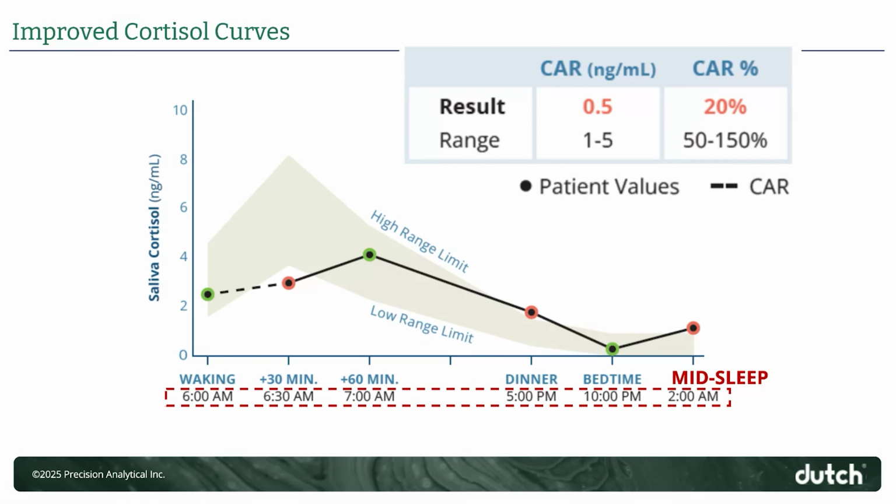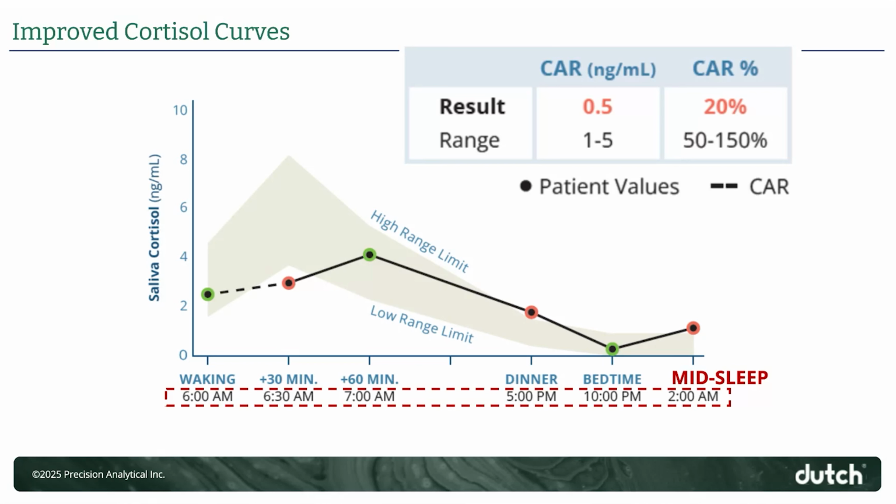Additionally, we are listing the time collections for these samples right under the data points themselves. I think this will help, especially with patients who maybe have an abnormal collection time. And then additionally, you can see on the right something that didn't used to be on the curve itself, which is the mid-sleep sample. So we used to call this the insomnia sample.